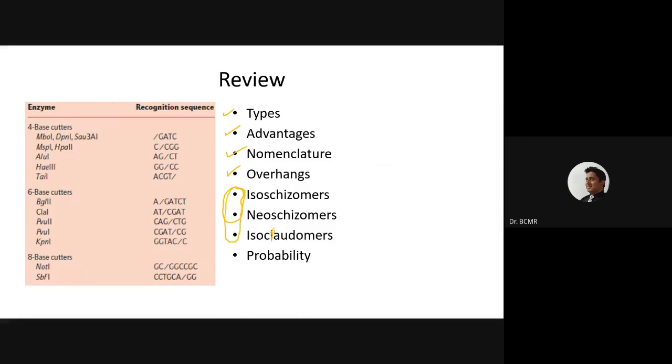Isocaudomers are different enzymes recognizing different sequences but generating the same overhangs. Let me repeat: isocaudomers are different enzymes that recognize different sequences. Recognition is different, but the overhangs are identical.